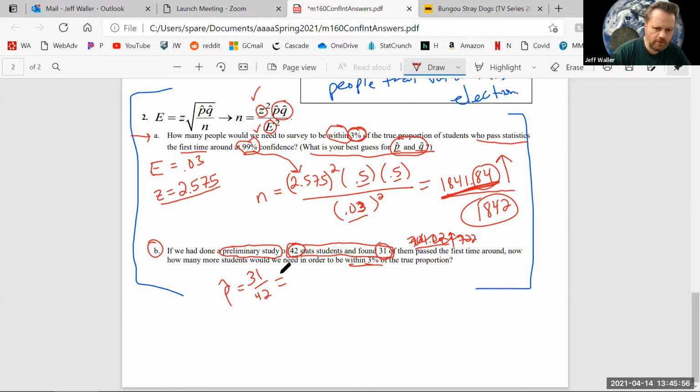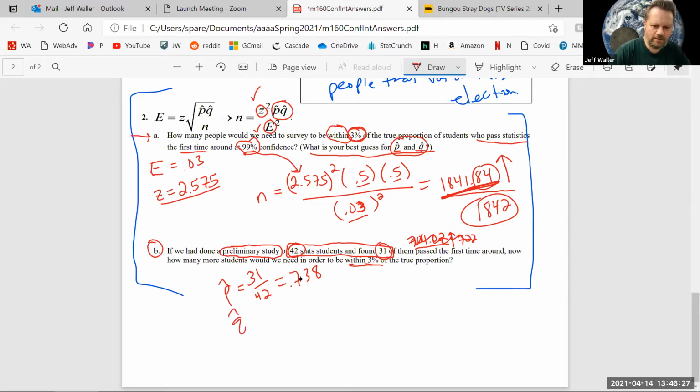So help me out. What does that come out to be? 31 divided by 42. I get 0.738.